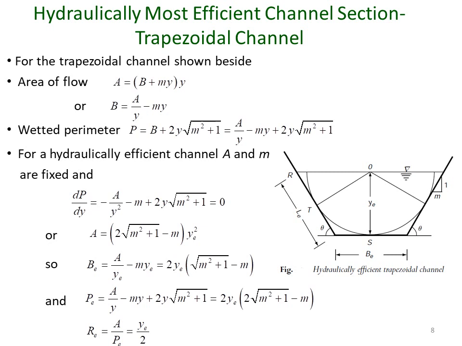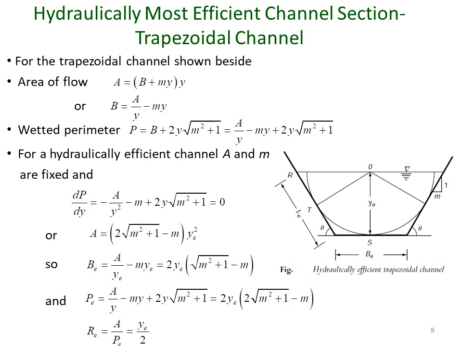So the hydraulic radius here again equals A by P, which again becomes y_e by 2. So note here that for this trapezoidal channel as well, the hydraulic radius for the most efficient trapezoidal channel is also equal to half of the flow depth.